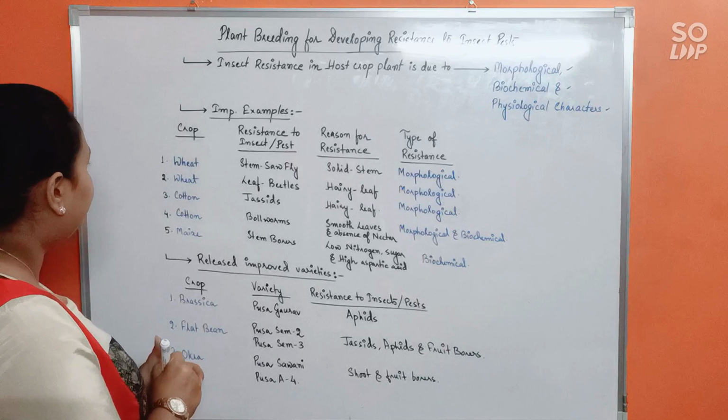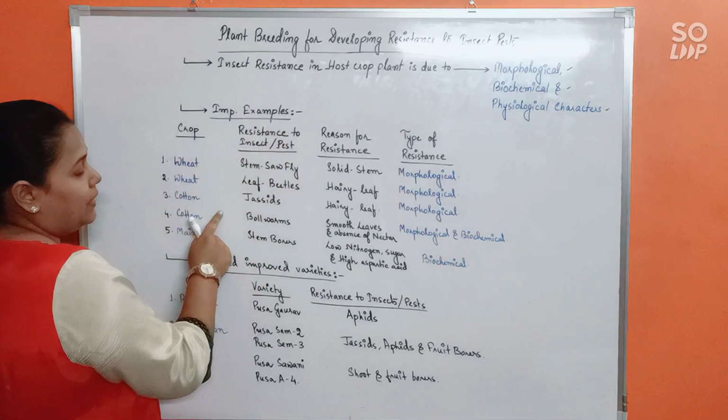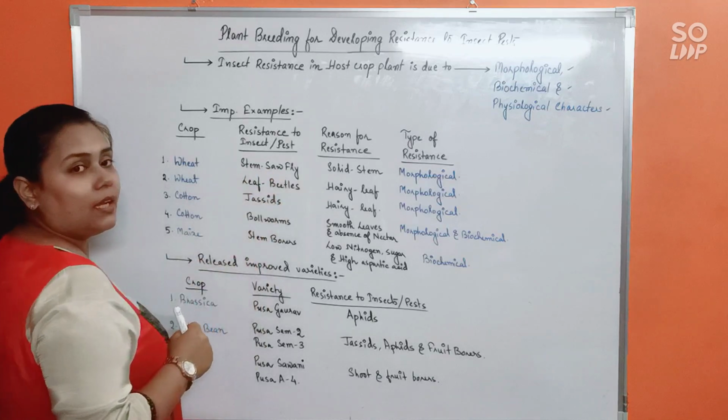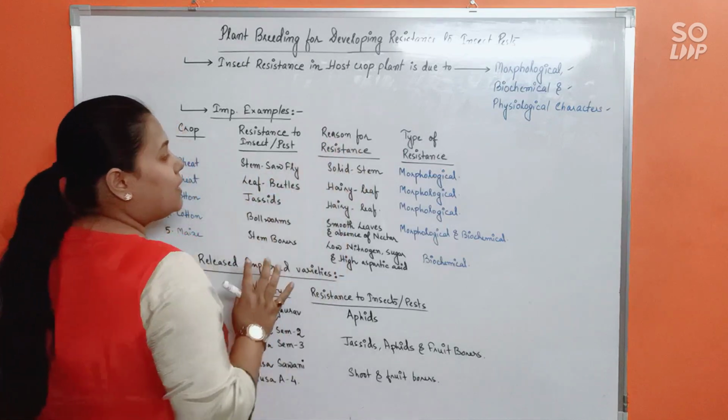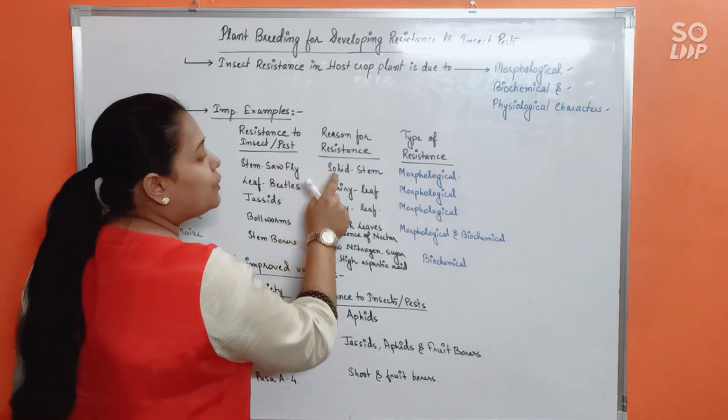For example, in wheat, the insect pest is the stem sawfly. The reason for resistance in wheat would be the solid stem.